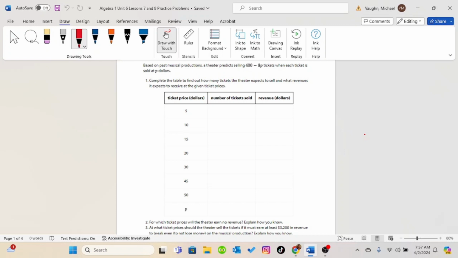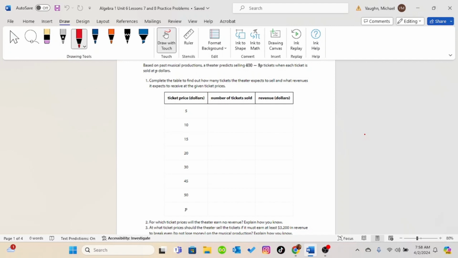Based on past musical productions, a theater predicts selling 400 minus 8p tickets when each ticket is sold at p dollars. Number 1. Complete the table to find out how many tickets the theater expects to sell and what revenues it expects to receive at the given ticket prices.